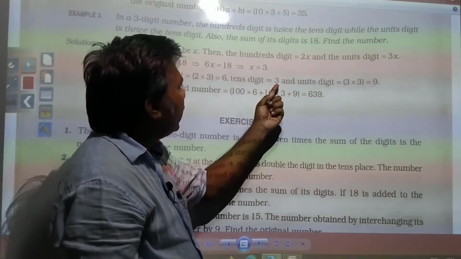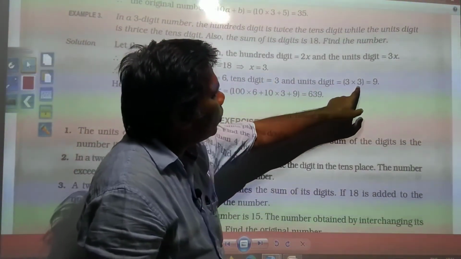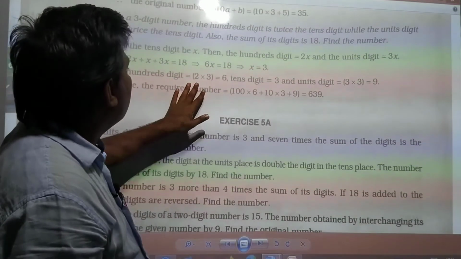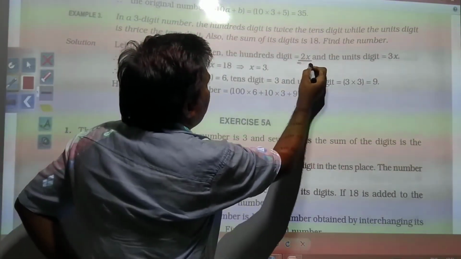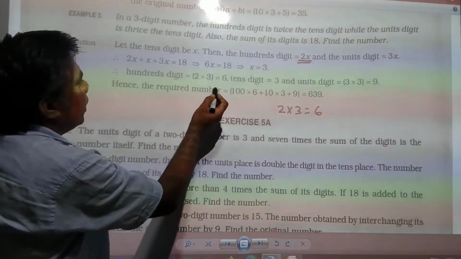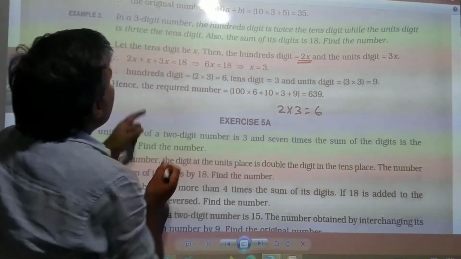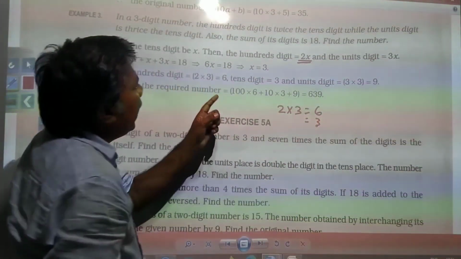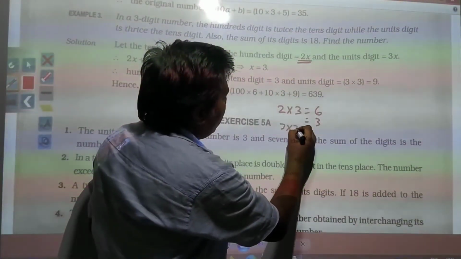The tens digit will be 3, because that is x, and the units digit is 3x, which means 3 into 3, that is 9.